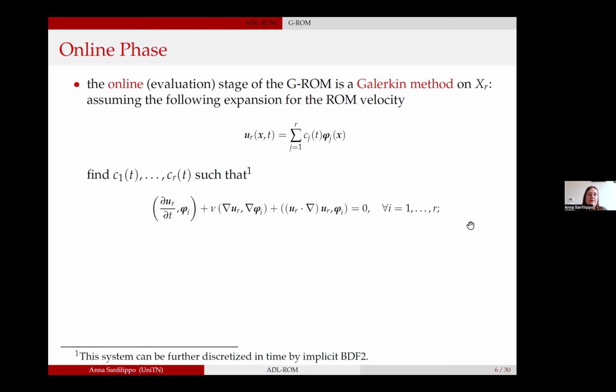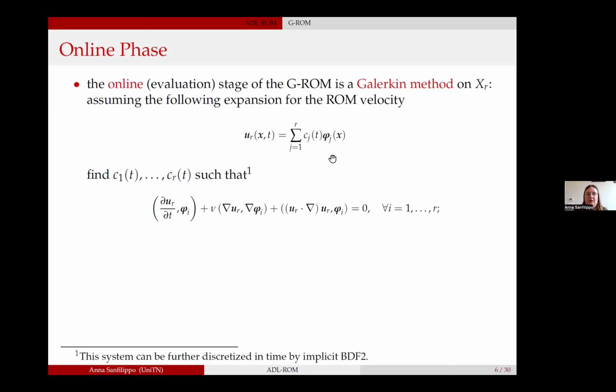So in the online phase or evaluation stage, we basically give meaning to the G in G-ROM, because it's here that we apply a Galerkin method, and it's quite the usual Galerkin method. So we assume the following expansion for the reduced velocity UR, basically setting it as a linear combination of the first R basis functions we chose and these time-dependent coefficients that are the unknowns now to properly reconstruct the reduced velocity.